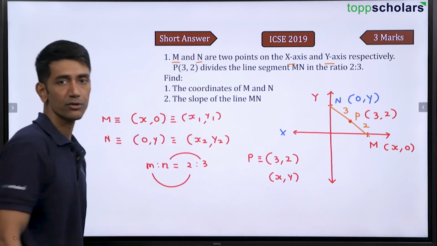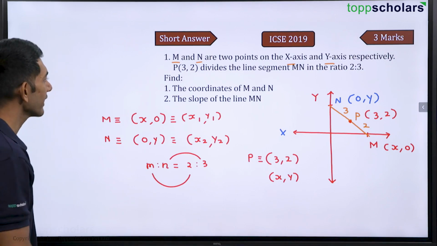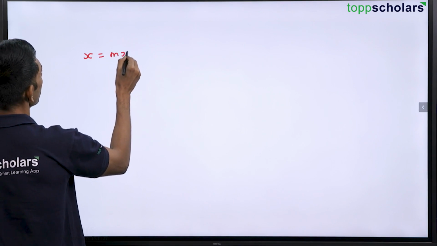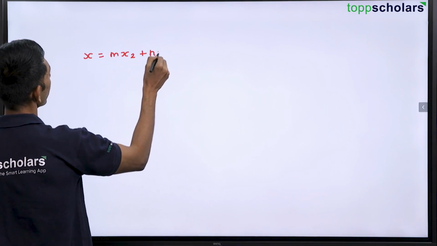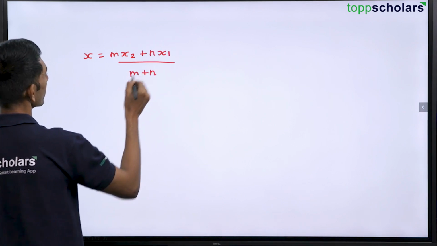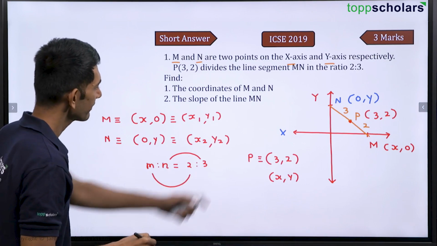Now we have all the information here. Let us use the formula. The formula is x is equal to (mx2 plus nx1) by (m plus n). So what is x? x is 3.